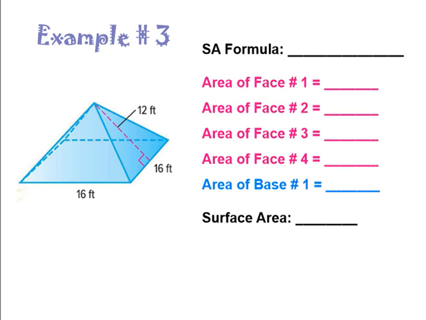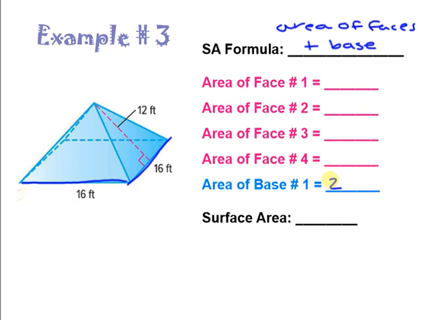All right, example number 3. So my formula is area of faces plus base. So I'm going to start with my base first. And it appears that I have a square again. So 16 times 16 is my base.